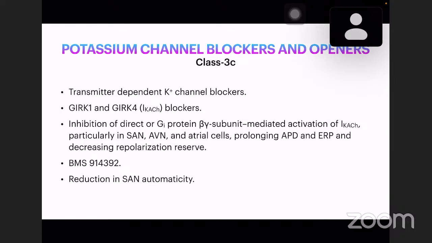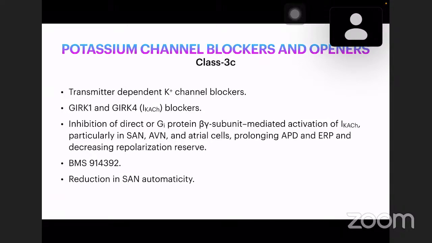The transmitters GIRK1 and GIRK4 are proteins attached to these channels, and they inhibit the G protein beta gamma subunit mediated activation and inhibit the potassium acetylcholine inflow, particularly in the SA node, AV node and the atrial cells, thus prolonging the action potential duration and the ERP and decreasing the repolarization reserve.